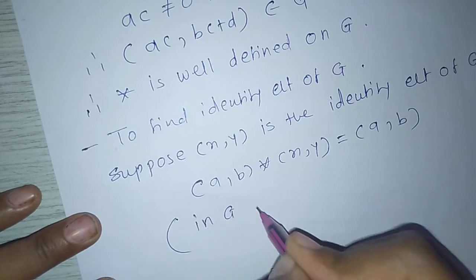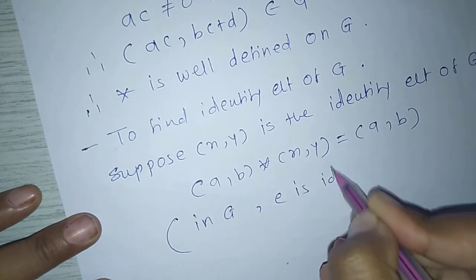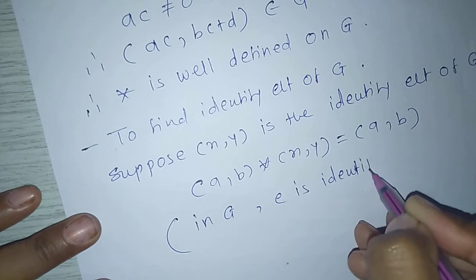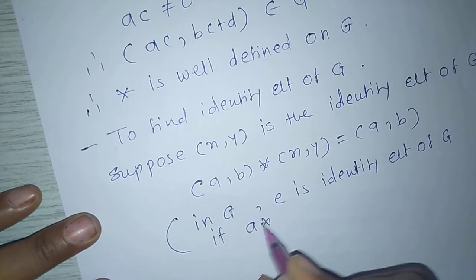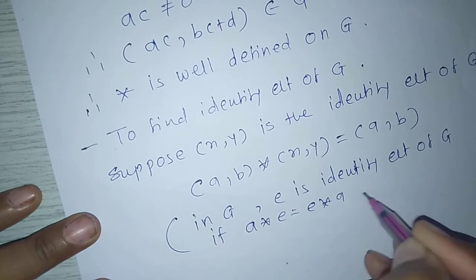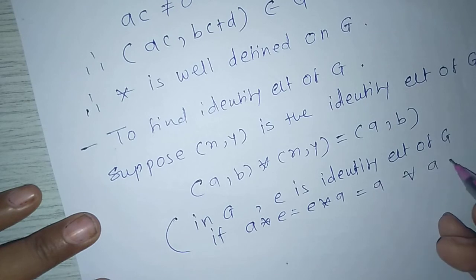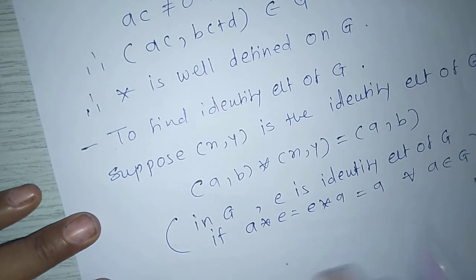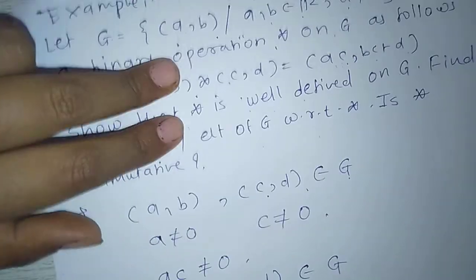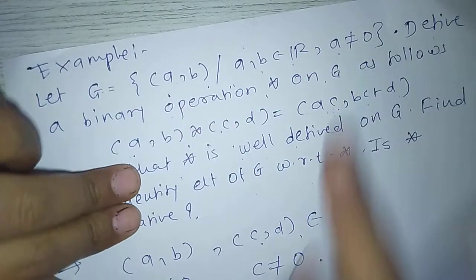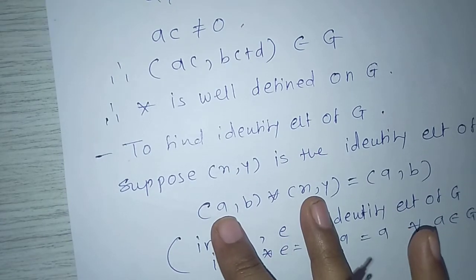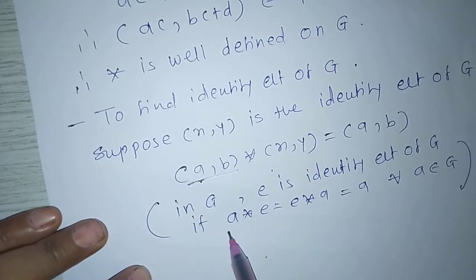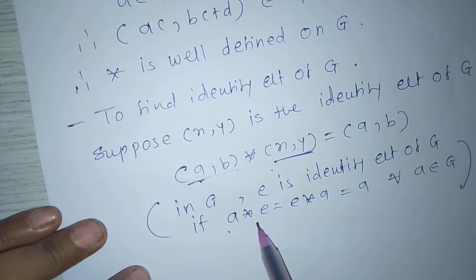In G, e is the identity element of G if a star e equals e star a equals a for all a belongs to G. And here G is defined as this set of ordered pairs. That's why here we take two elements in ordered pair, (a, b) and (x, y). (a, b) is the a, and e is nothing but the (x, y).